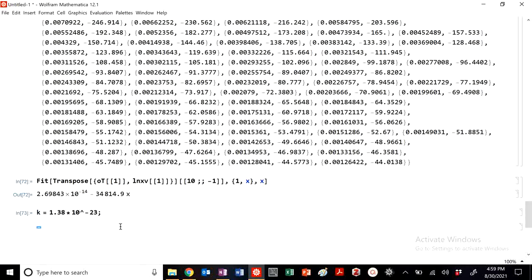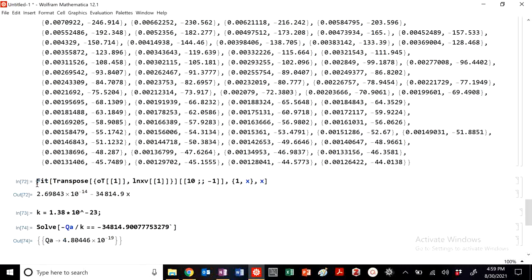So I need to solve minus QA over K equals this. So that's my activation energy.